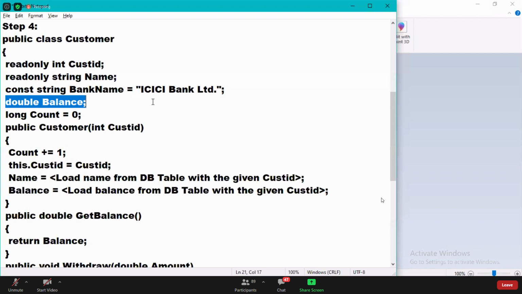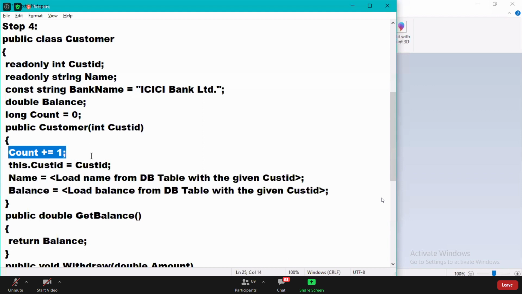Modifiable or non-modifiable? If you don't modify, how will you change the count here? If you don't modify the count, how will you count then? You're incrementing here, you're modifying. Then single copy, modifiable.